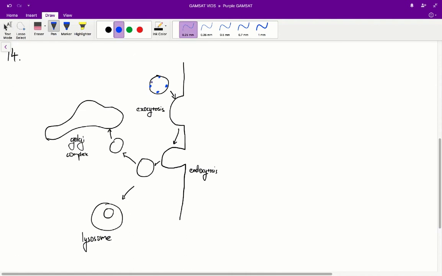So the inside surface of the vesicle now becomes the outer surface of the plasma membrane, and the fluorescence will now appear on this side.